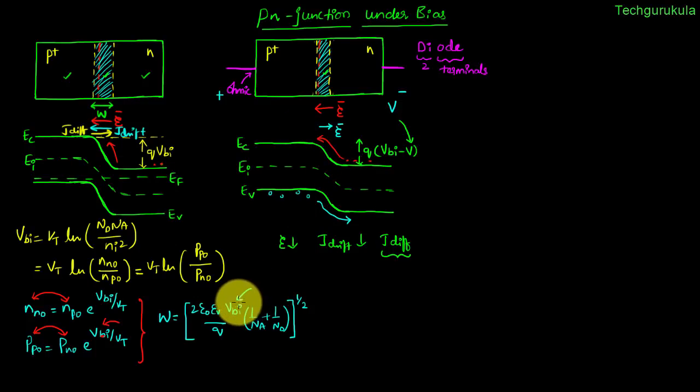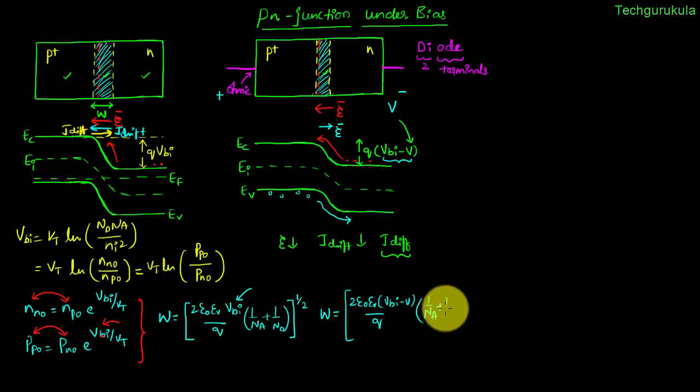It is VBI in thermal equilibrium, but when we apply the potential across the PN junction, at the junction the potential would be VBI minus V. Depletion width would be equal to (2 epsilon naught epsilon r (VBI minus V) over Q times (1 over Na plus 1 over Nd)) whole power half.